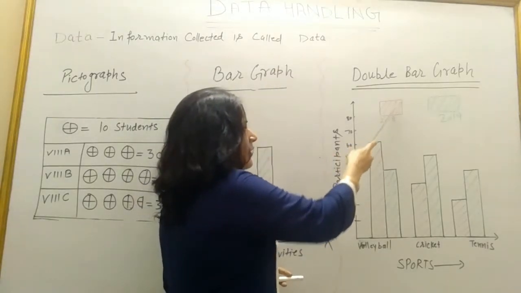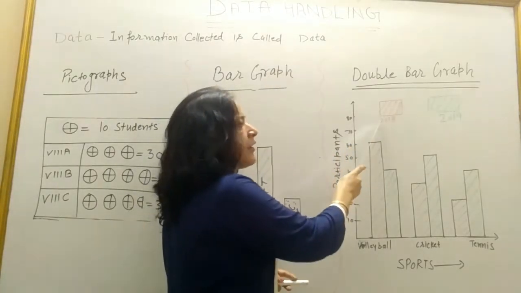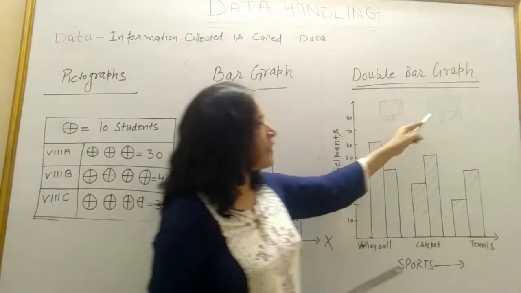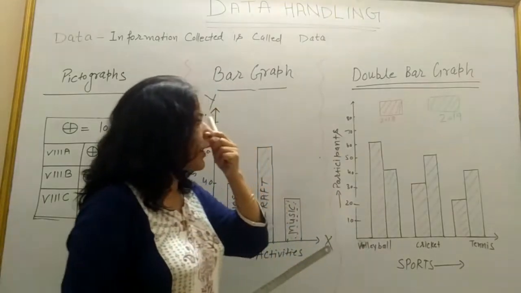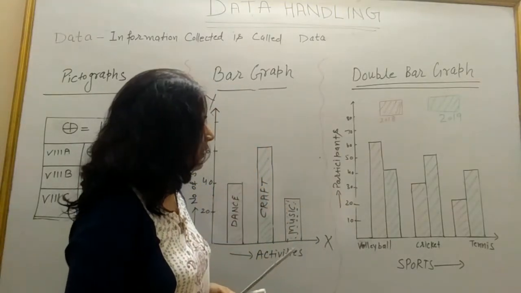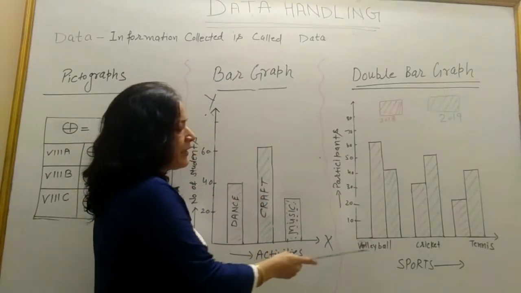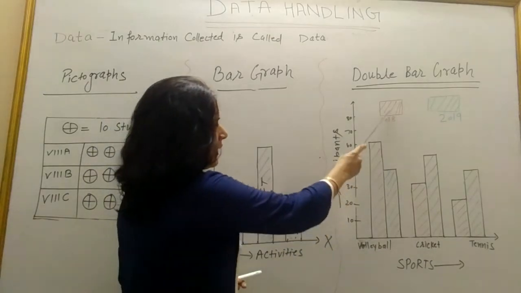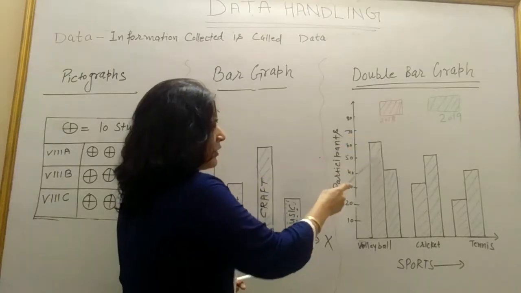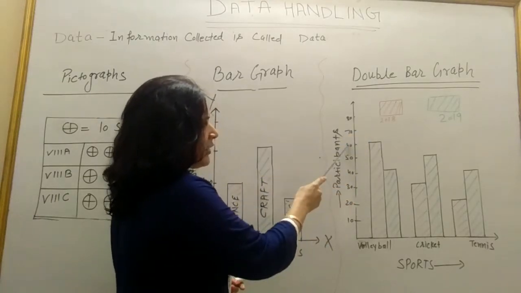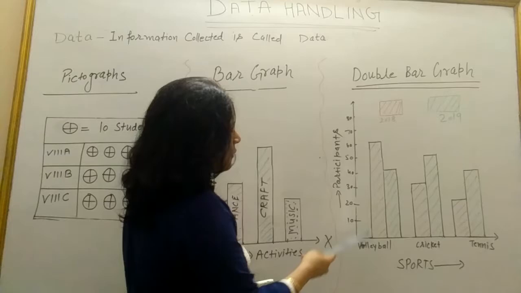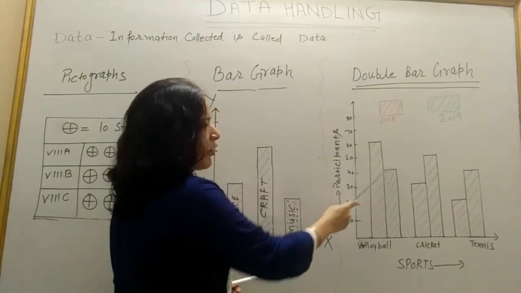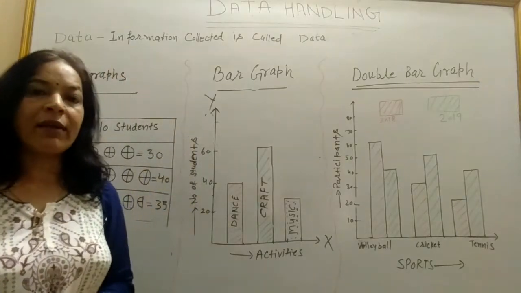The bar with red lines represents the sports joined in 2018 and the bar with green lines represents the sports joined in 2019. Here we can easily read volleyball in 2018, this red bar, joined by 60 students as compared to 2019, joined by only 40 students. And what about cricket?